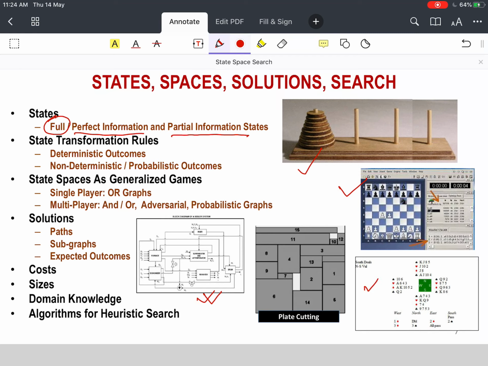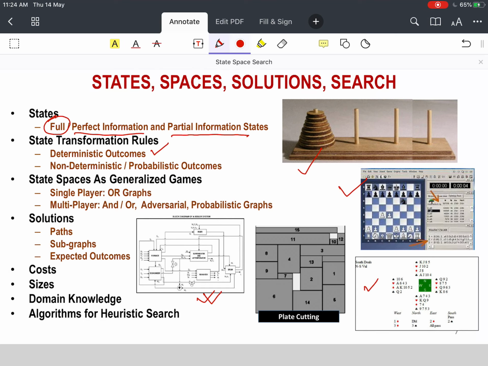On the other hand, the card playing problem again has partial information, because the system has full information, but from a particular player's point of view, there is only partial information. Then the state transformation rules can be deterministic. That means from a given state, these states will definitely happen.